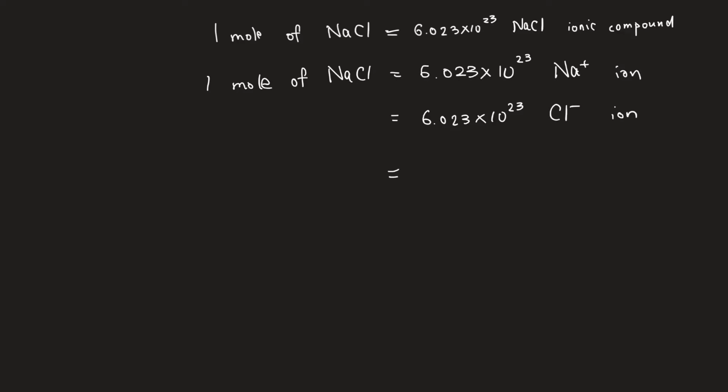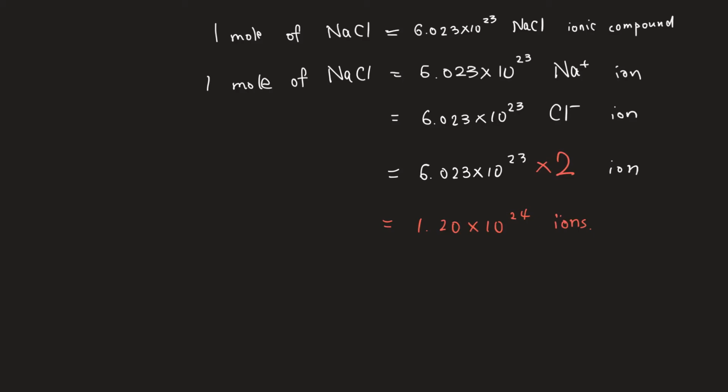But this is very tricky here. If we talk about ions only, you can't just put it down like that. You have to times it by 2, which will give you 1.20 times 10 to the power 24 ions.